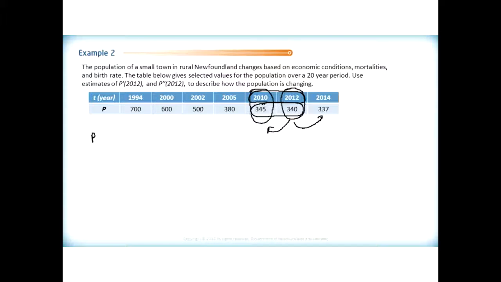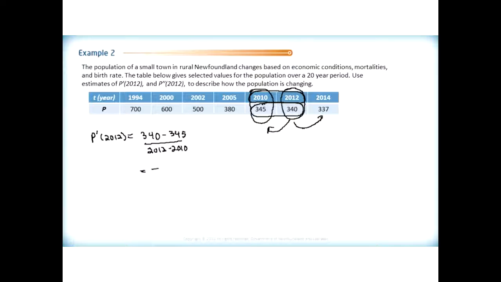So we're going to say that the rate of change of our population in 2012, one method of estimation is to use a secant. So let's go with 340, that's 340 people, small town it said, minus 345 in the previous year, divided by 2012 minus 2010, because it's a 2-year span.